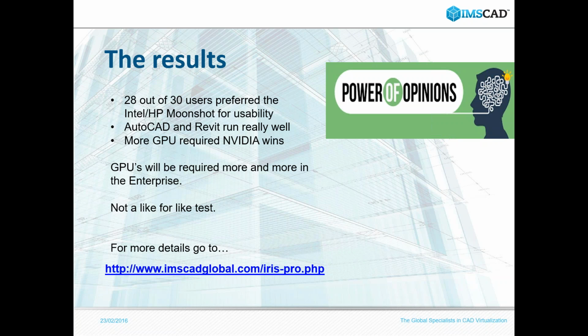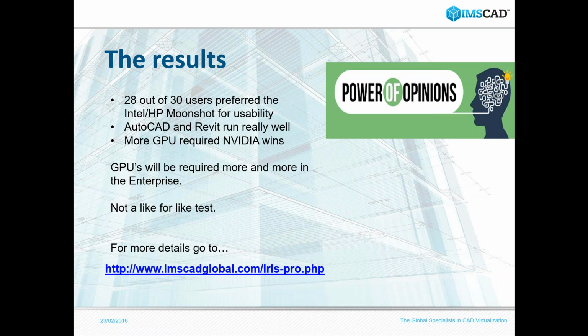Now, the shocking bit of news was, I say shocking, but surprising, I should say. 20 out of 30 of the customers preferred the Intel HP Moonshot solution for usability. That's really quite compelling, and it shocked us a little bit at IMS CAD, because we thought it would probably be 50-50, or maybe NVIDIA slightly better.